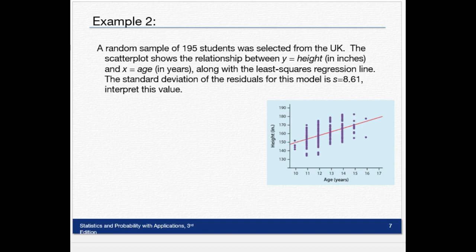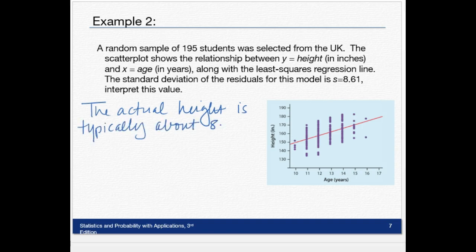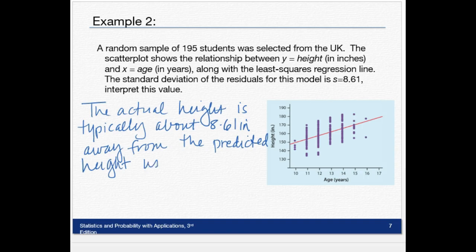using this example. Okay? So we would say that the actual height is typically about 8.61 inches away from the predicted height using the regression line with x equal age in years.